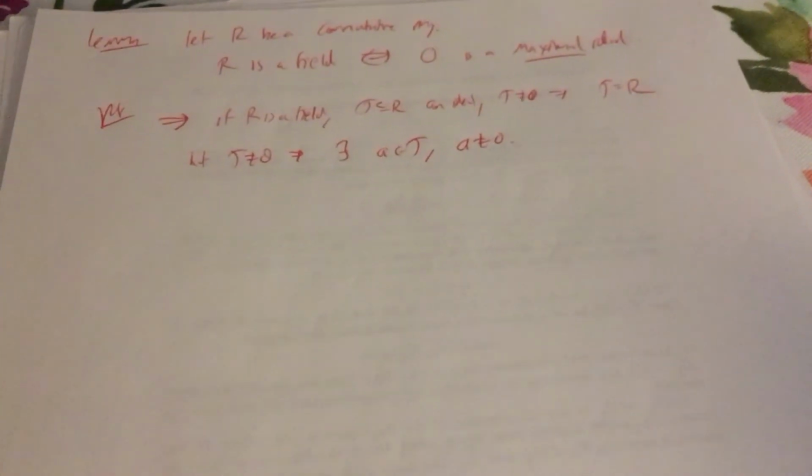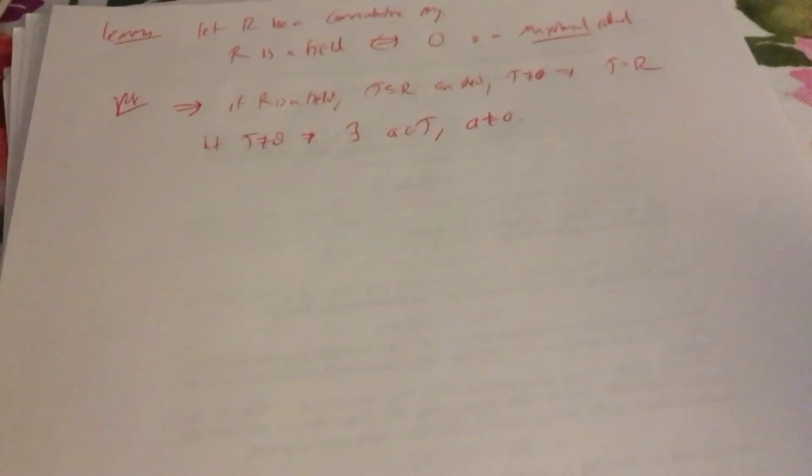That means that 0 would be maximal. So this is J not equal 0. Okay. So J not equal 0 is the same as saying that there exists some element, let's say a in J, a not 0. So in other words, you have an ideal and it contains a non-zero element.